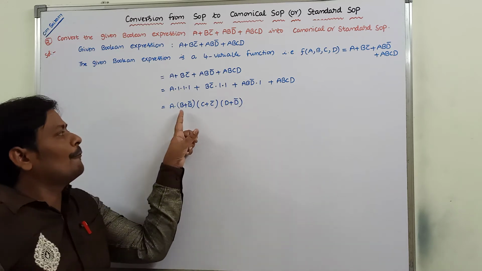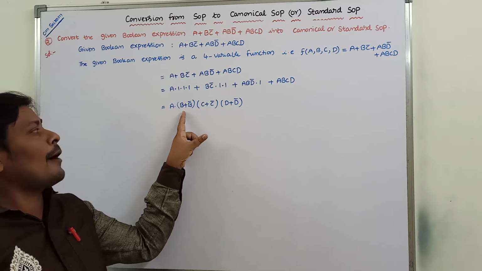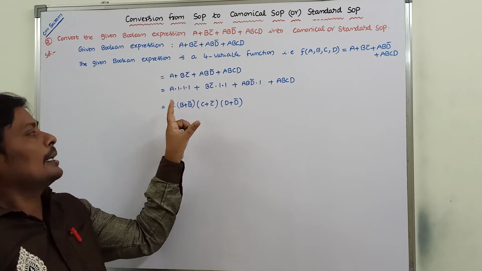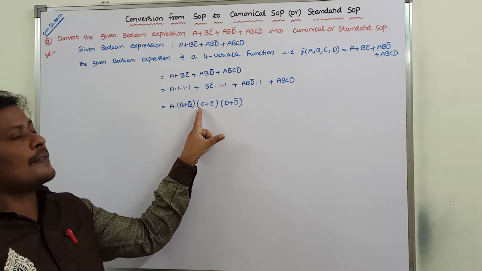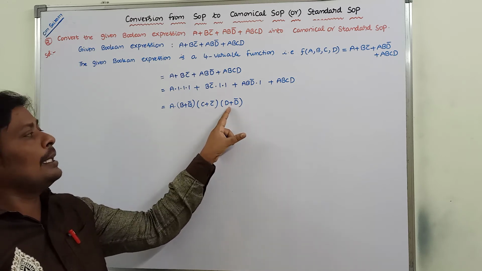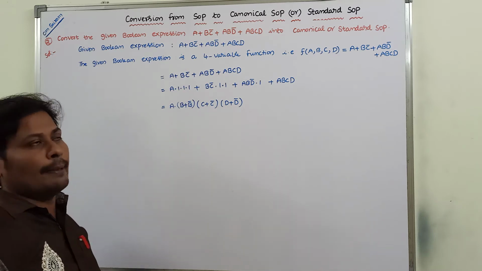So variable b is missing, and it can be written as b plus b bar. Next, variable c is missing, which can be written as c plus c bar. Variable d is missing here, which can be written as d plus d bar.